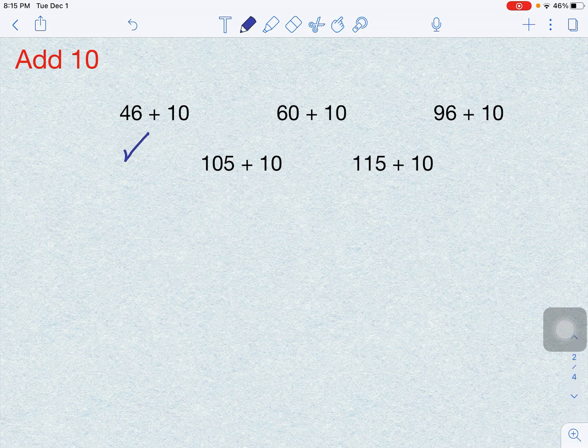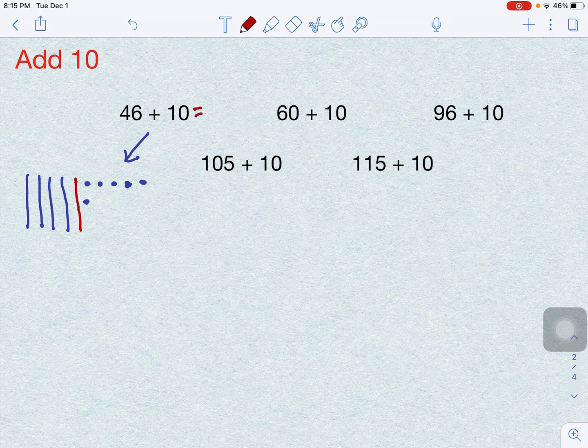Over here, we're going to have 46. I would have 10, 20, 30, 40, 41, 42, 43, 44, 45, and 46. And again, I'm going to be adding another 10. So what do I have now?